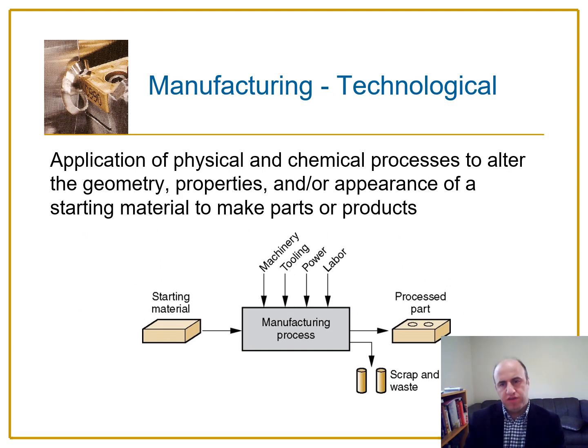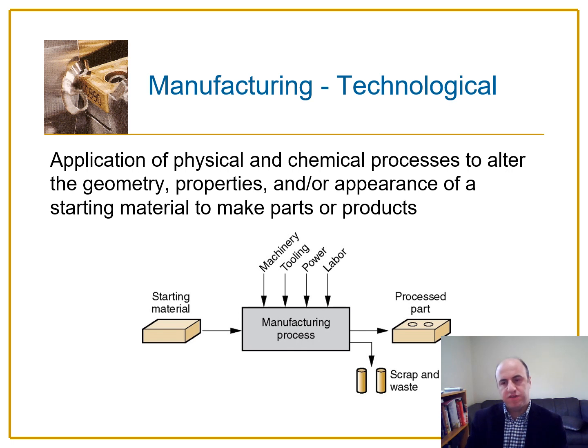Manufacturing can be defined in two ways. One is technological, and the other one is economical. Technologically, it means the application of physical and chemical processes to alter the geometry, properties, and appearance of a starting material to make parts or products.